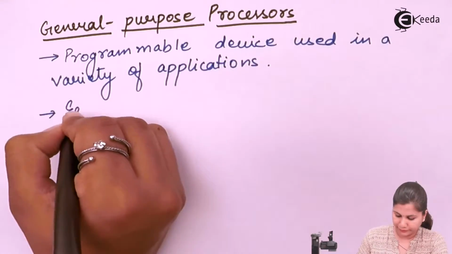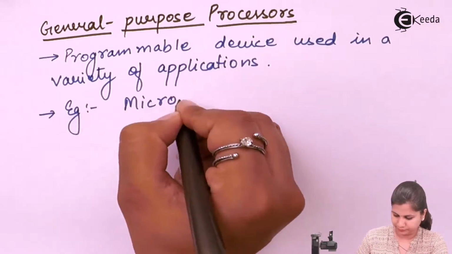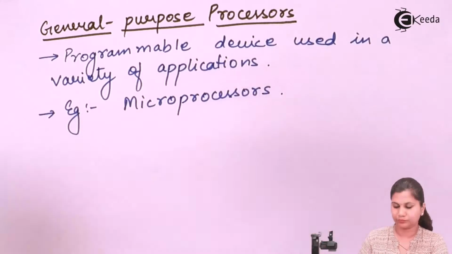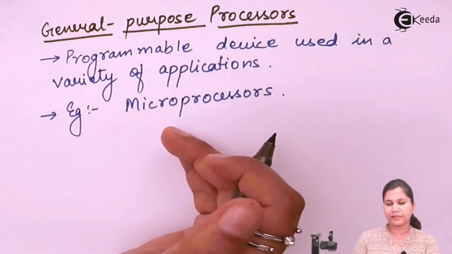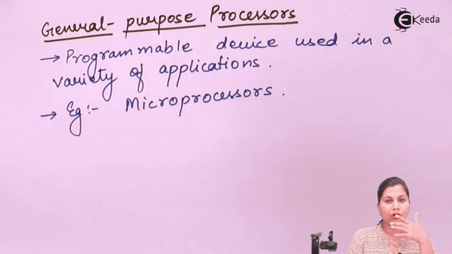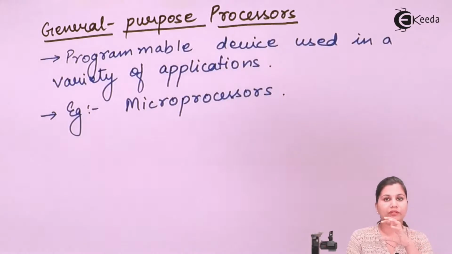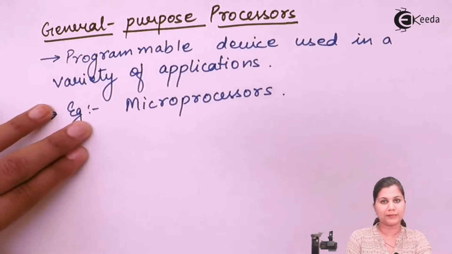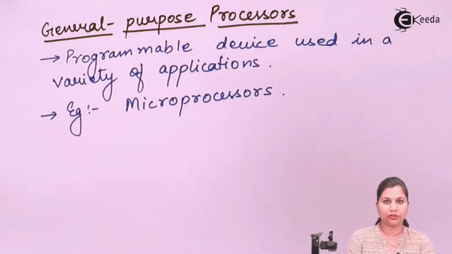We know that microprocessors can also be used for a variety of applications. For whatever application we want to use, we will store the program of that application into the memory of these processors, and then we can use them.